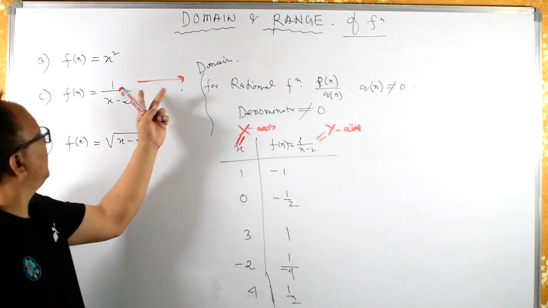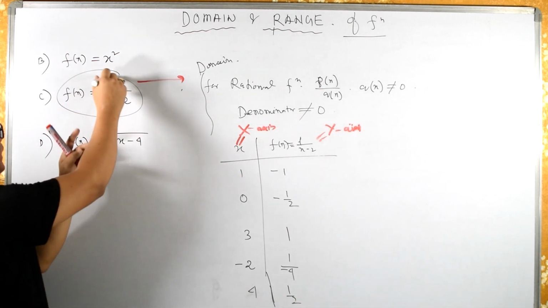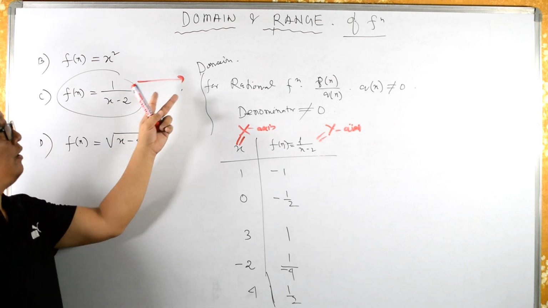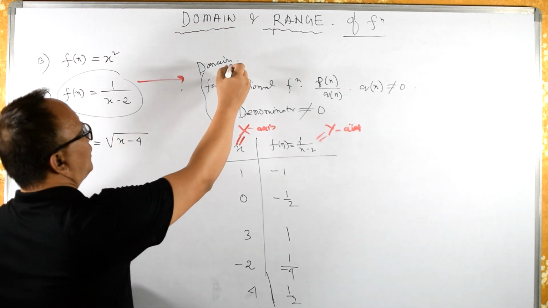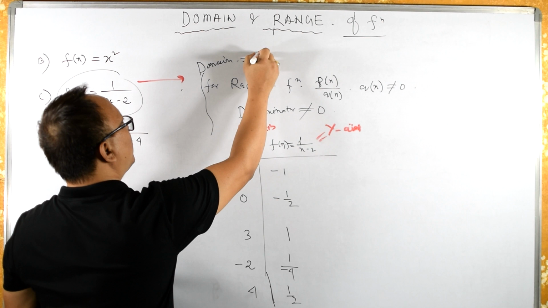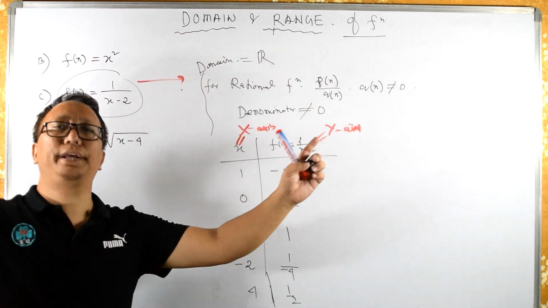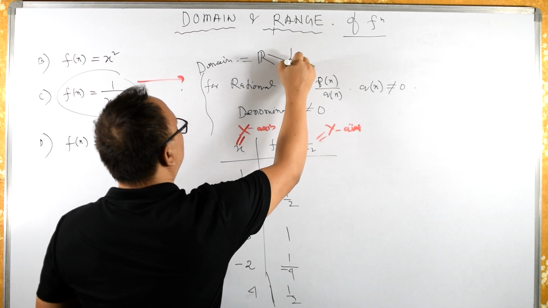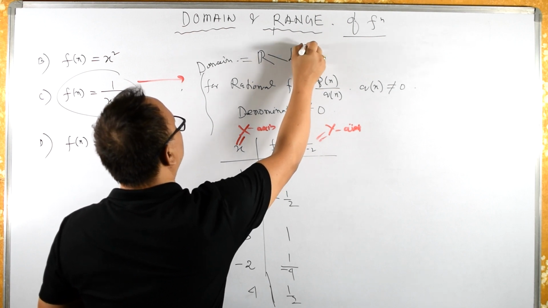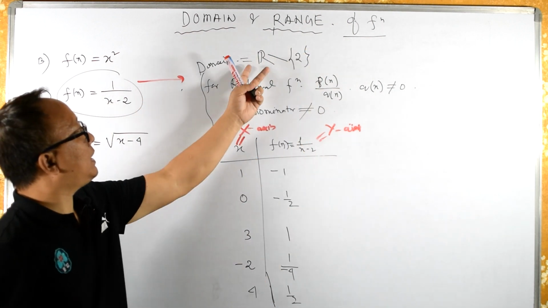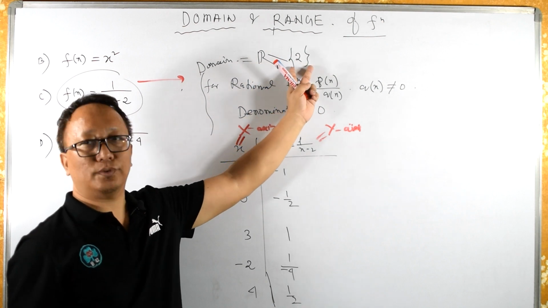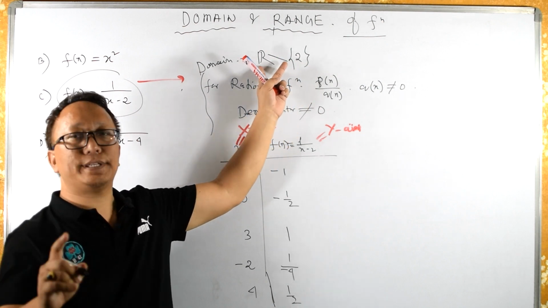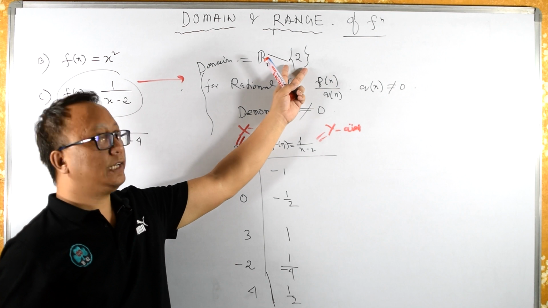For this function, f(x) equals 1 by x minus 2, what is the domain? The domain is the set of all real numbers, but you cannot take this particular element 2. That means R minus the element 2. You can take all real numbers, but you cannot take 2.